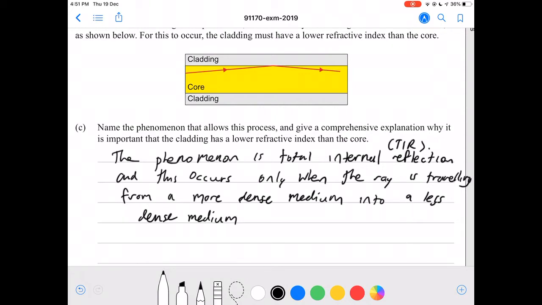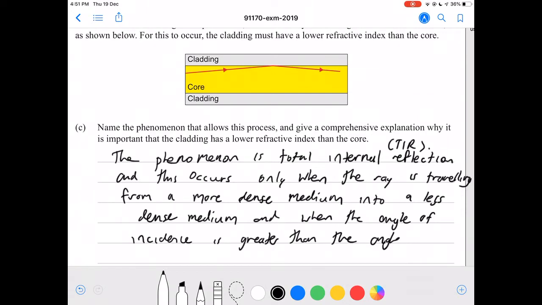And this occurs only when the ray is traveling from a more dense medium into a less dense medium, and when the angle of incidence is greater than the critical angle.